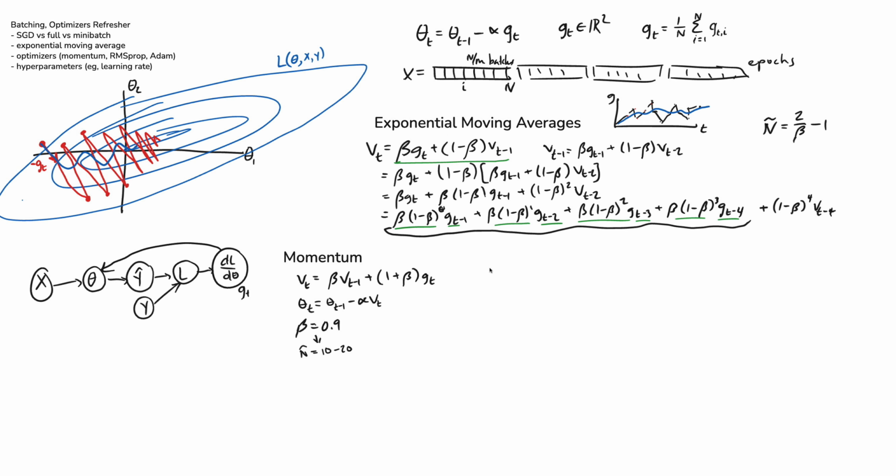Okay, then let's talk about RMSprop. It's another variant here. And it keeps track of, again, using a moving average, but a little bit different. Beta times the previous value plus (1 minus beta) times g squared.